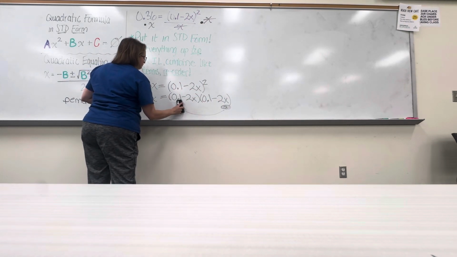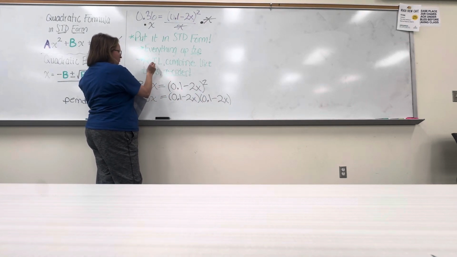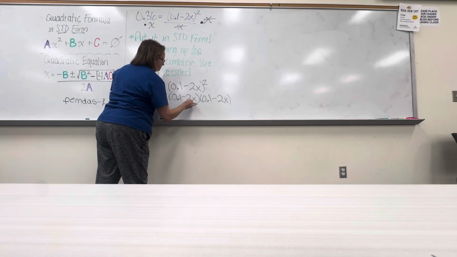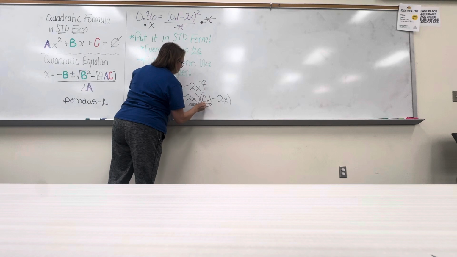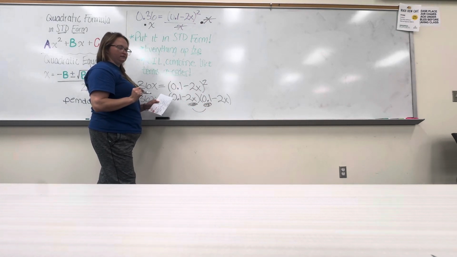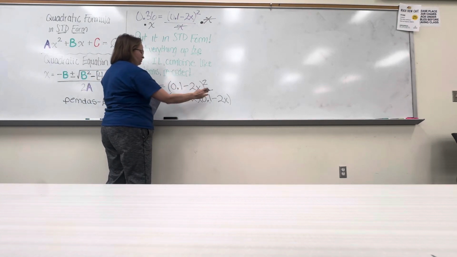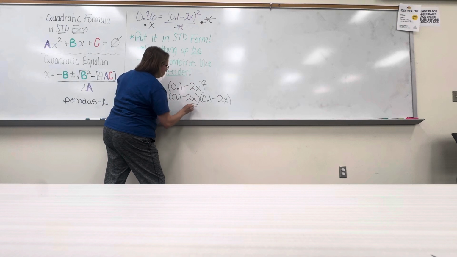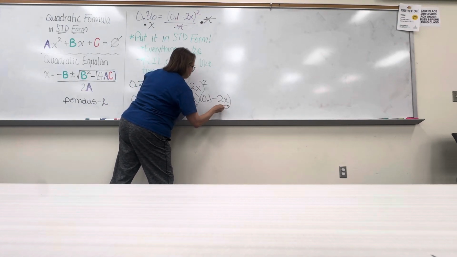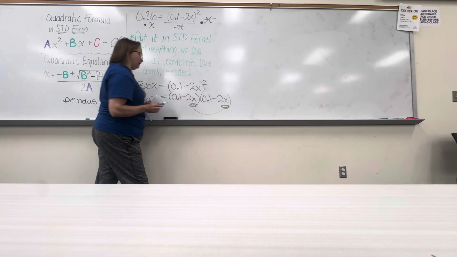All right? So then, after you do your outside terms, we're going to do our inside terms. This is your inside term. This is your inside term. So you're going to multiply those two together. And then finally, you're going to do your last terms. This is the last term within these brackets here. And this is the last term within these brackets here. So you're going to multiply those together.